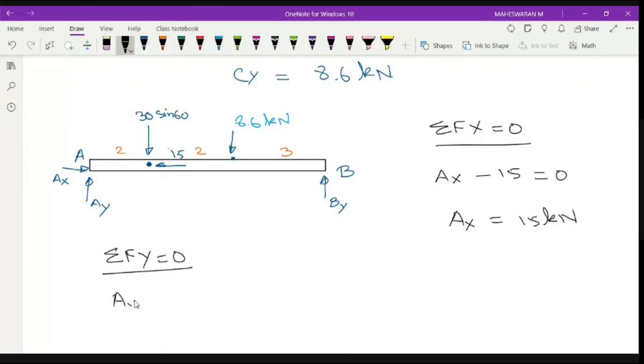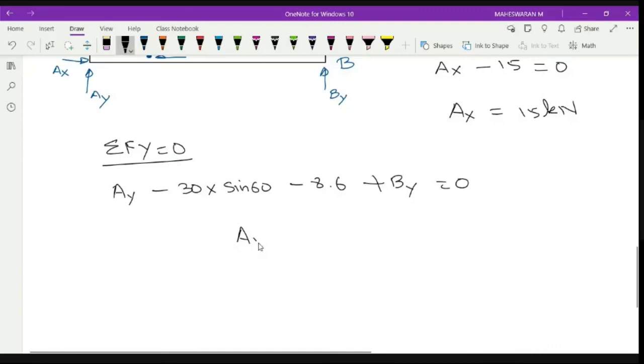Ay minus 30 into sine 60, this one, minus 8.6, this one, plus By is equal to 0, which means I will get Ay plus By is equal to the value of these things. So what is the value here? 34.58. So you're getting 34.58. Let me consider this as equation 2. Right?